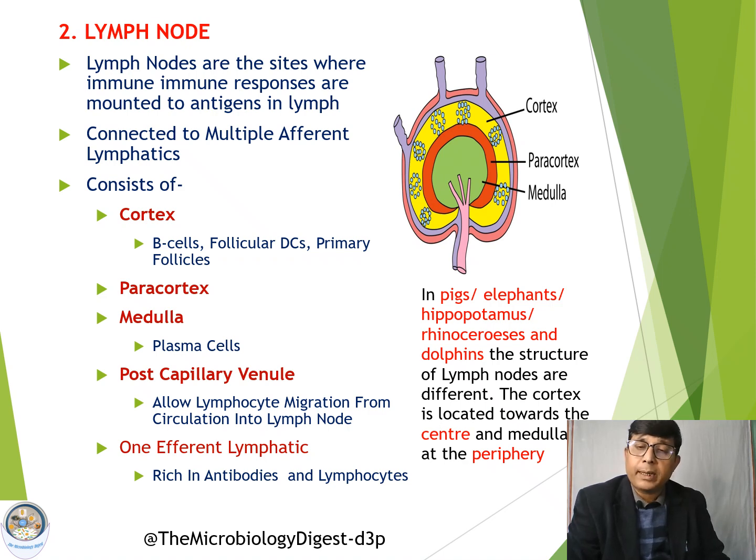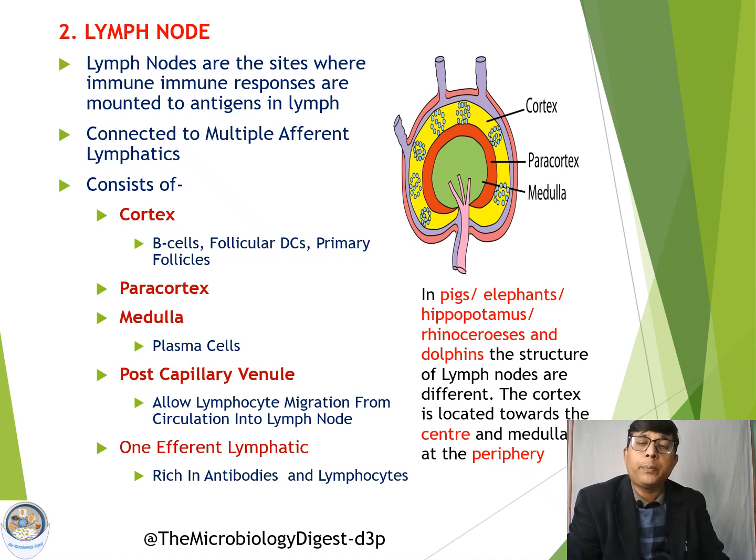Then we have the medulla, which is mostly populated by plasma cells, and in between the cortex and medulla, that portion is called the paracortex. But in some species, the structure of the lymph node is somewhat different.